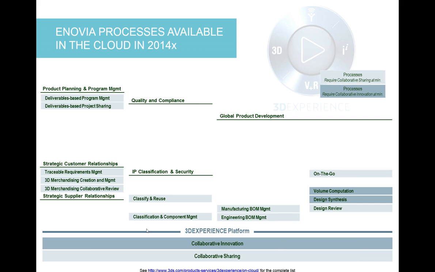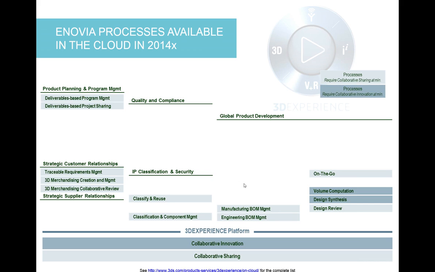As you see here at the platform level, you have a collaborative sharing process, which is the fundamental platform process for ENOVIA, making it possible to share information. On top of that, a collaborative innovation process that also includes parts for integrating CAD tools into your PLM environment.